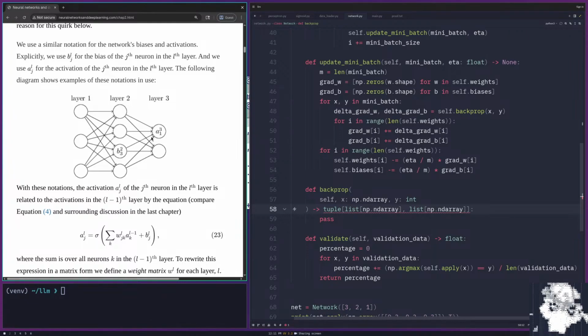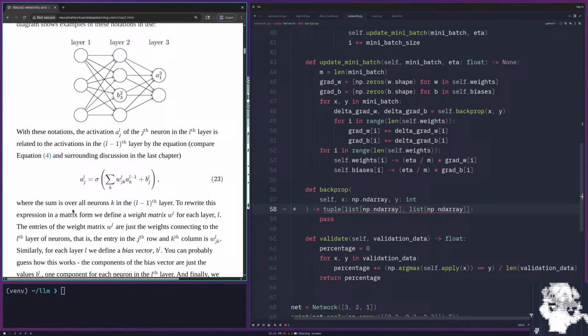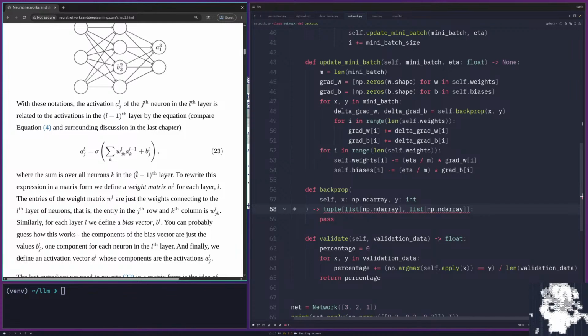My weights, the weights of my neuron, and the output of the last layer, plus my bias, where the sum is over all neurons K in the L-1th layer.